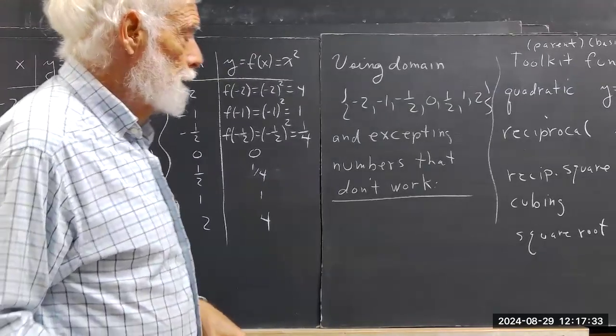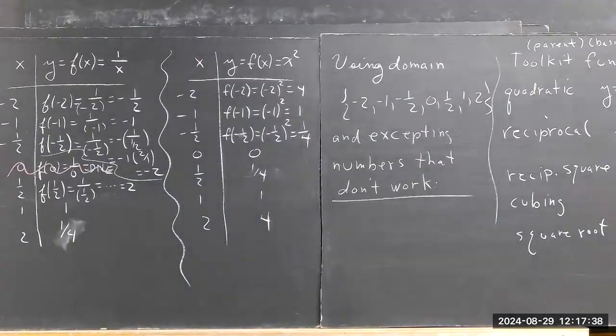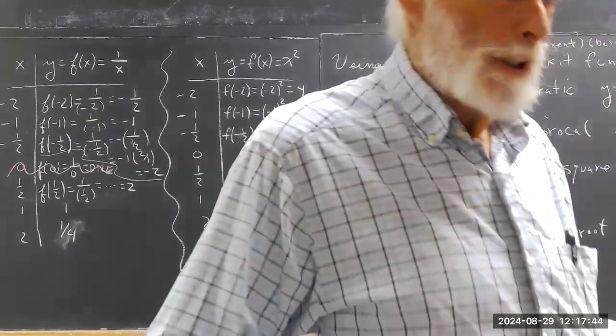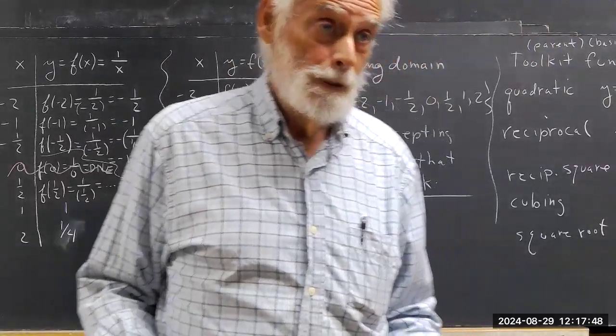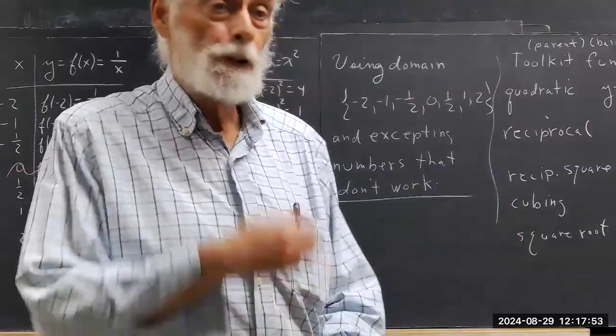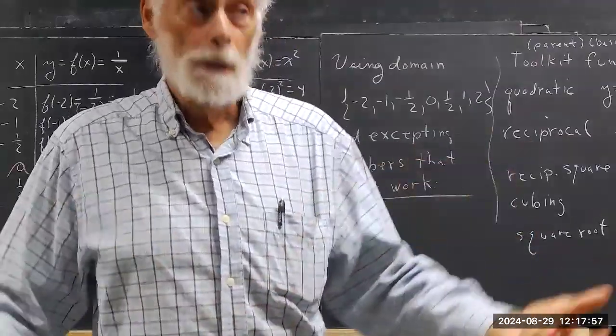Okay, well, what do you think the square root of -4 would be? Well, it's a number you multiply by itself to get -4, right? It's not a real number, because if it's negative and you multiply it by itself, it's going to be positive. And if it's positive and you multiply by itself, it's going to be positive.